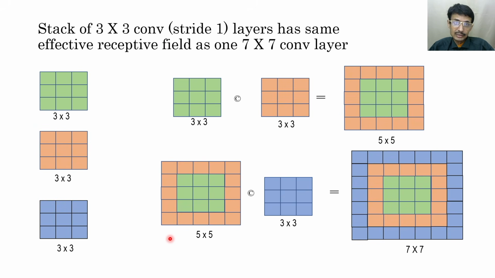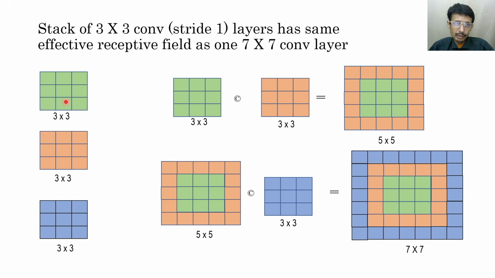Now we are trying to understand why a stack of 3x3 convolution layers with stride 1 has the same effective receptive field as one 7x7 convolution. Let these three be three different colors, and we put a stack of three.